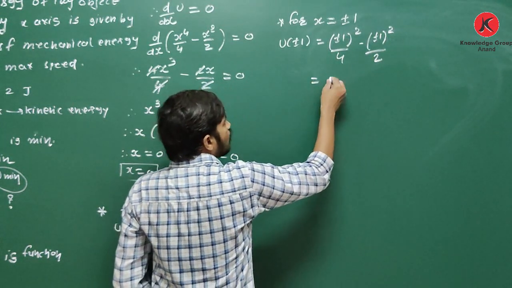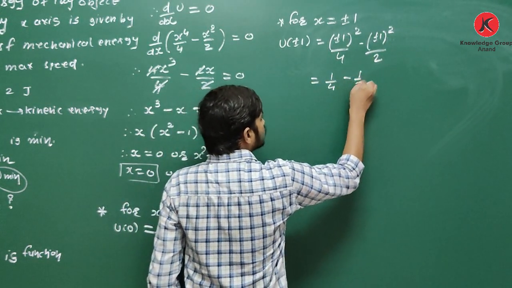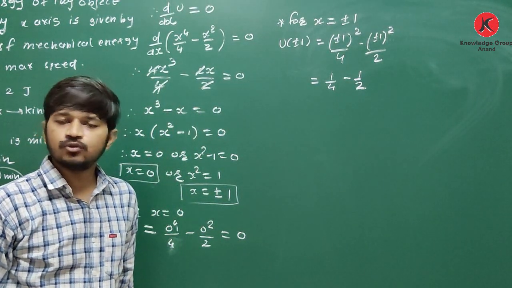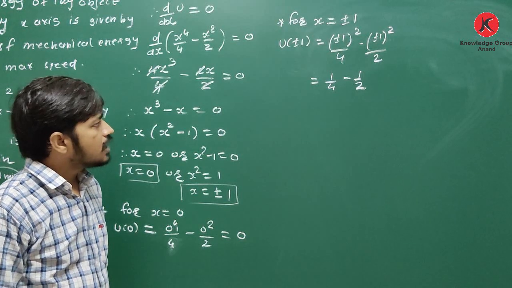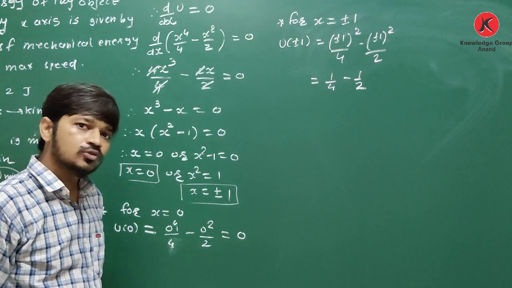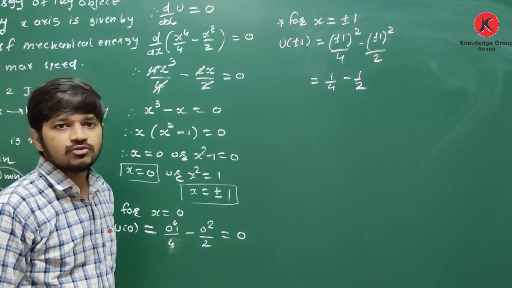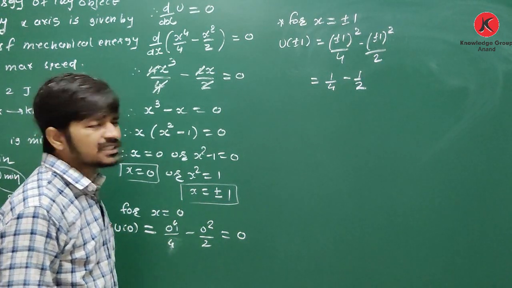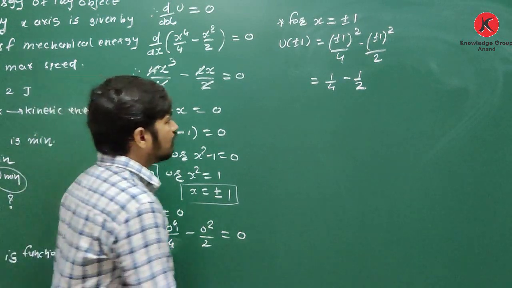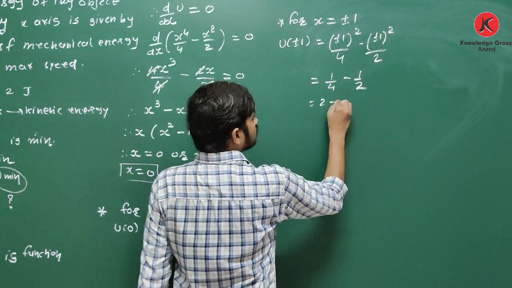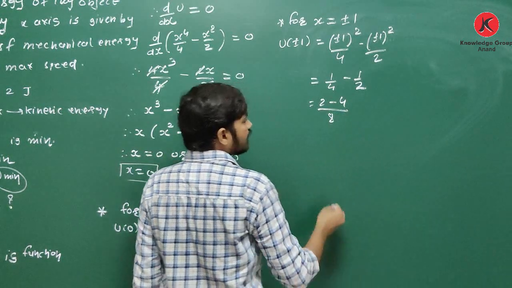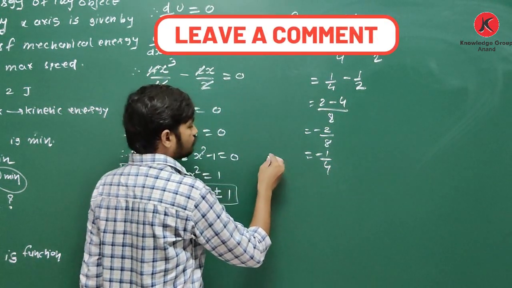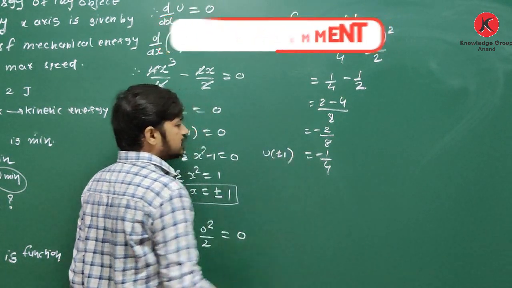So here it is 1 by 4 minus 1 by 2. Clear about this? What is 1 by 4 minus 1 by 2? Simple: 2 minus 4 divided by 8, so it is minus 2 divided by 8, which is minus 1 by 4. So U(plus or minus 1) is minus 1 by 4.